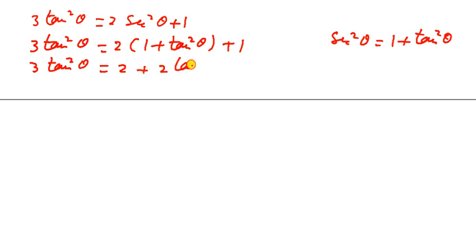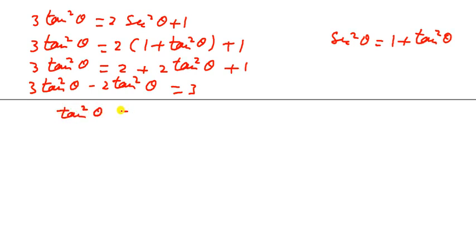Now multiply inside. 3 tan square theta is equal to 2 plus 2 tan square theta and plus 1. So transfer this 2 tan square theta to the left hand side. So we get 3 tan square theta minus 2 tan square theta is equal to 3.